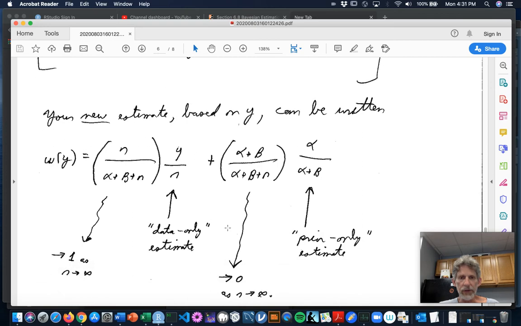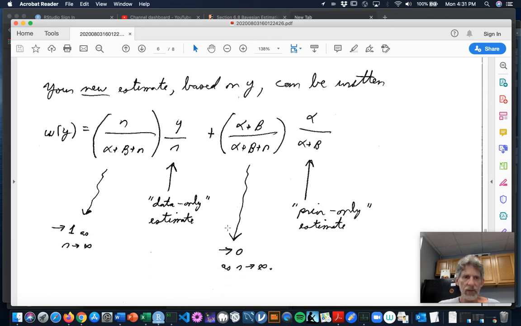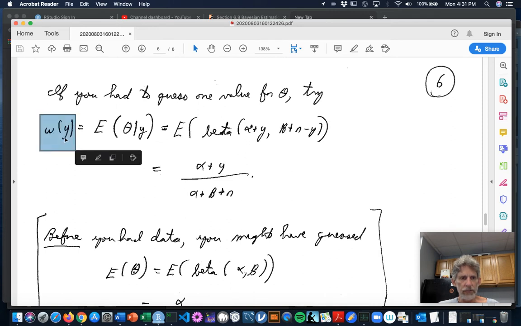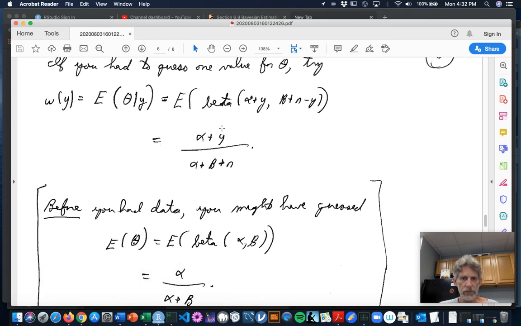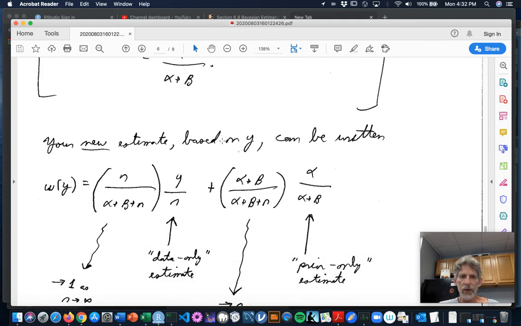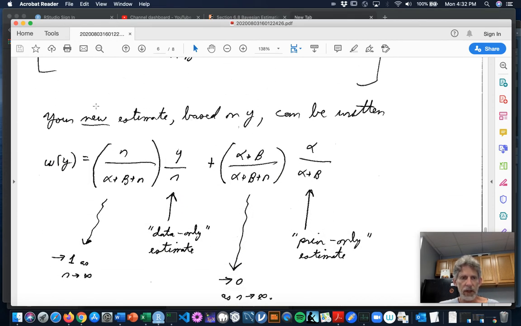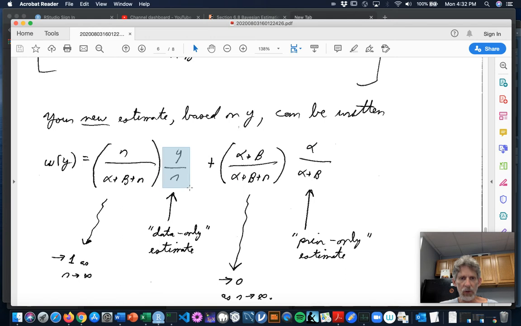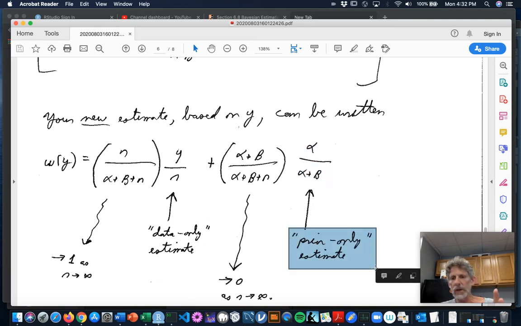And there's something very interesting about that. That new estimate, the book calls it W of y, because it depends on y, right there. W of y, if you do a little algebra, can be written as this weighted average of two things. The two things are y over n and alpha over alpha plus beta. Now, alpha over alpha plus beta, you could call that your prior only estimate.